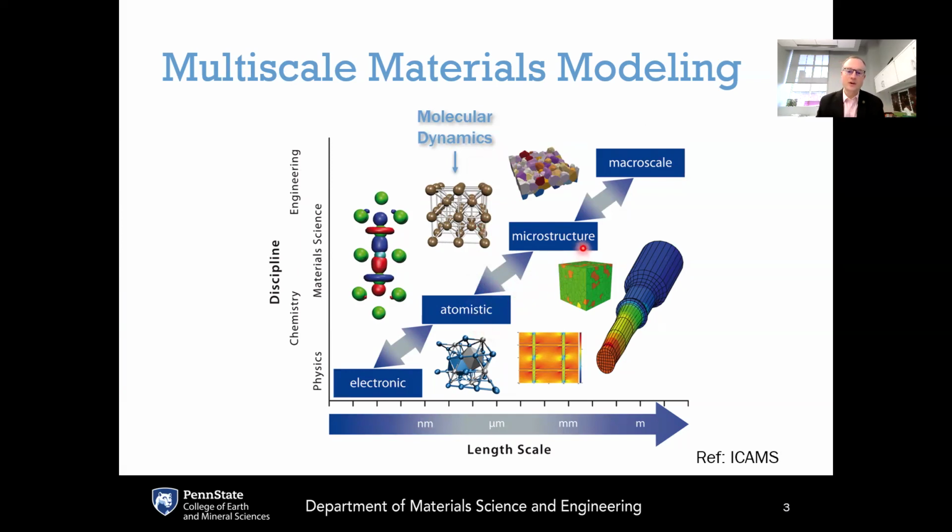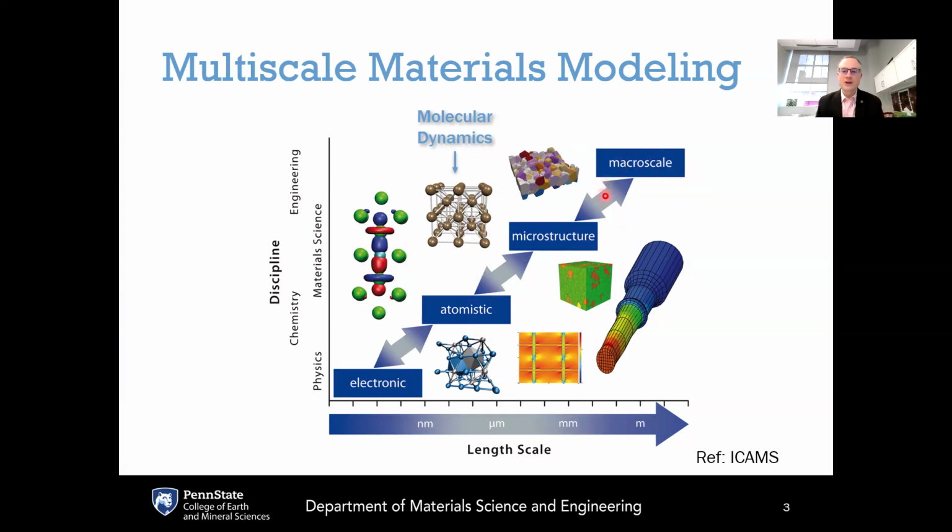If we go to the next coarse grain level, we can look at the microstructural evolution in materials. So things like phase field modeling, which we covered in a previous chapter on phase separation, that can be used to help model the evolution of microstructures in materials and connect that back to materials properties.